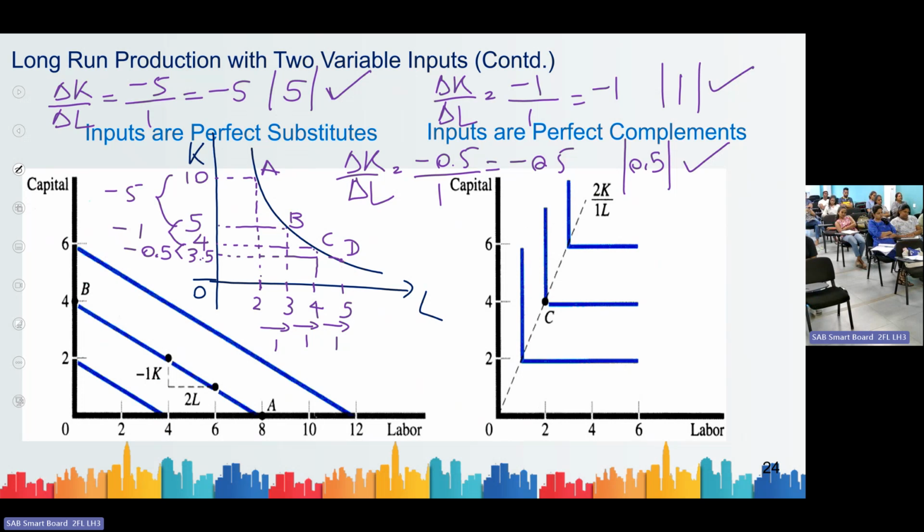In other words, the marginal rate of technical substitution of labor for capital is continuously declining. That is the nature of the slope of an isoquant which is convex to the origin and looks like this. So this type of isoquant has diminishing marginal rate of technical substitution of labor for capital.